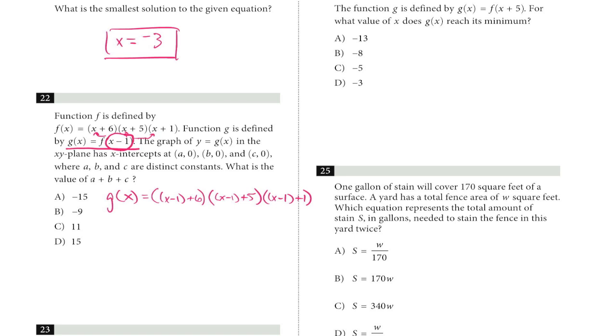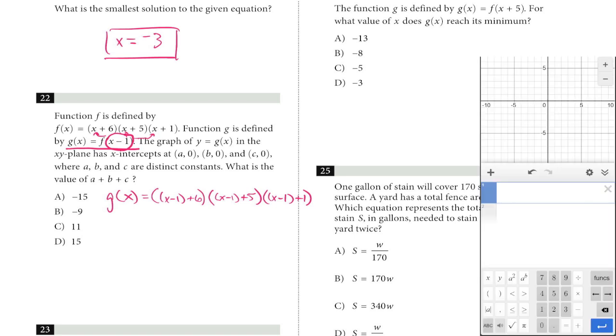And that's actually what I'm going to do. So I'm going to go ahead and use Desmos. And we're just going to type in that function exactly how I have it written. Parentheses x minus 1 plus 6, x minus 1 plus 5, x minus 1 plus 1.